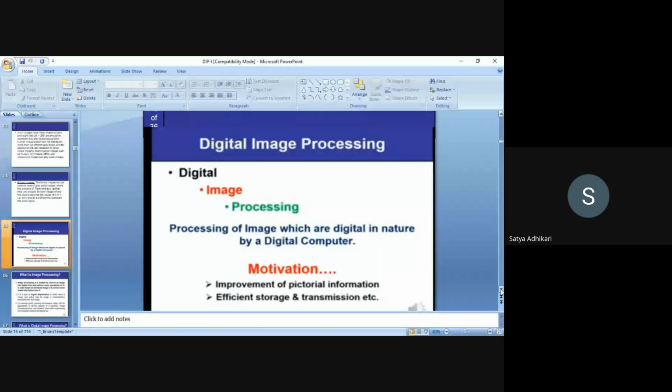And for efficient storage, if the size is large, we may squeeze it, store it and transmit it. We can send an image from one place to another easily nowadays. So this is digital image processing, and these are the motivations: improvement of pictorial information, and efficient storage and transmission.